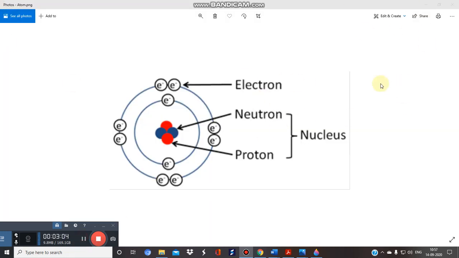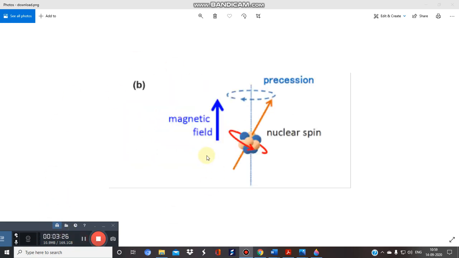First, start with the atom. This whole component comprises an atom. The atom consists of a nucleus, because in NMR we have to focus on this nucleus. The nucleus contains protons and neutrons, and it is surrounded by electrons. Remember this: the protons and neutrons present in the nucleus rotate on their own axis.